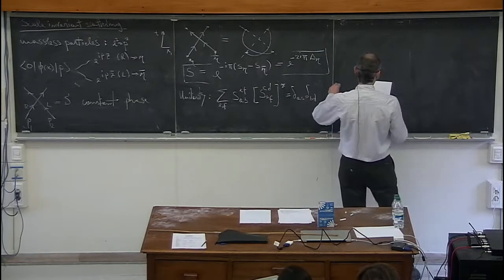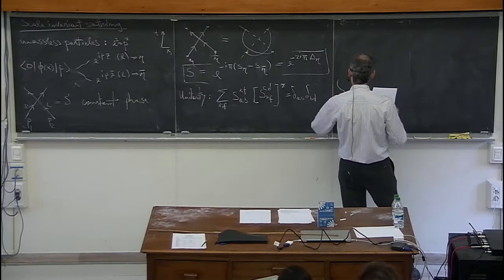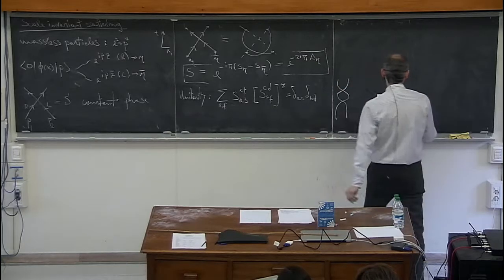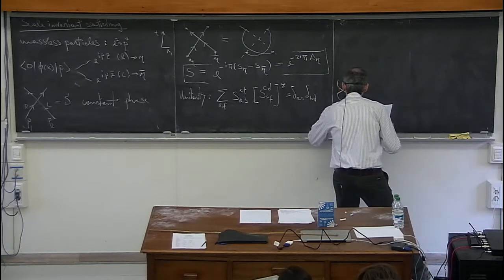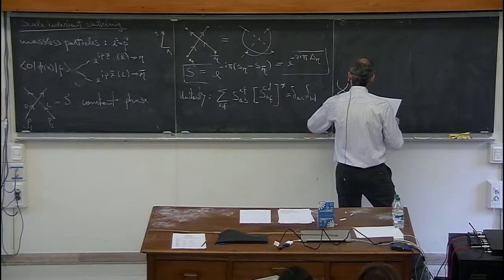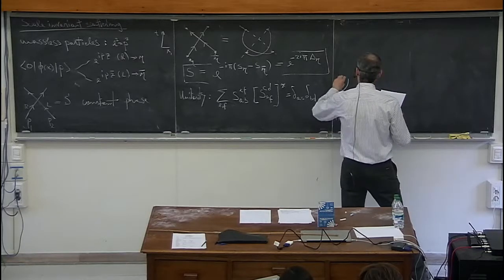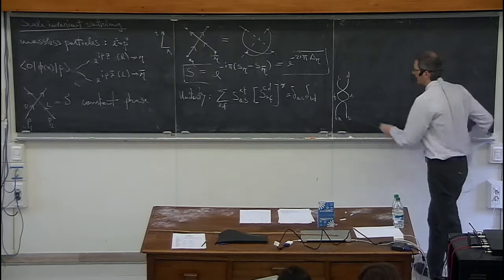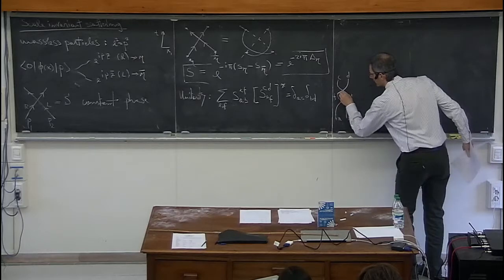I remind you, we had this pictorial representation for the unitarity equation A, B, E, F, C, D. So these are the two scattering points.